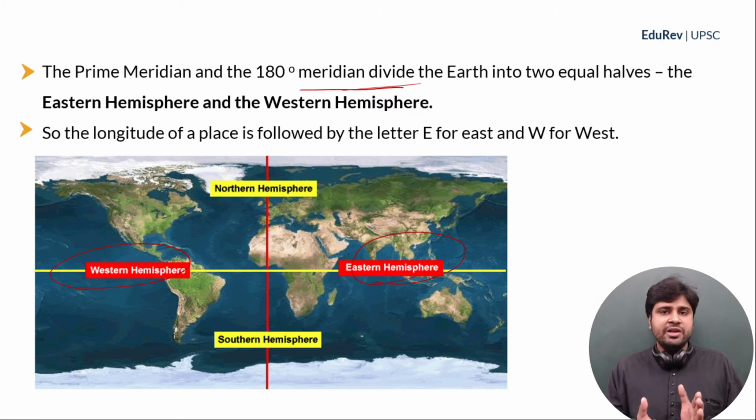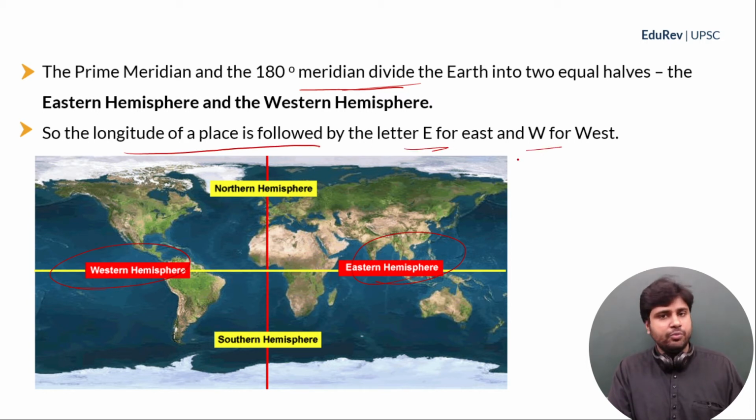So these two meridians divide the earth into two equal halves, the eastern hemisphere and the western hemisphere. Clear? Now, the longitude of a place is followed by the letter E for east and W for west. If the longitude is present in the eastern hemisphere, we have the letter E for east. If the longitude is present in the western hemisphere, we have the letter W for west.